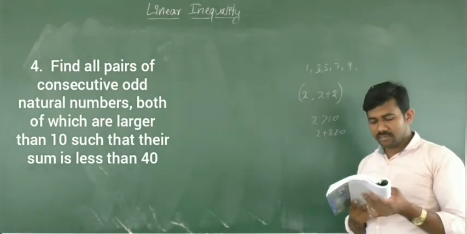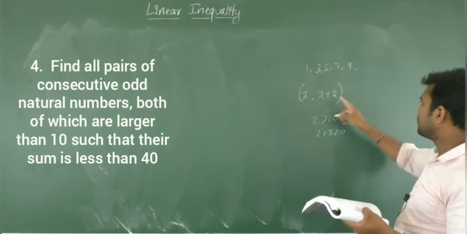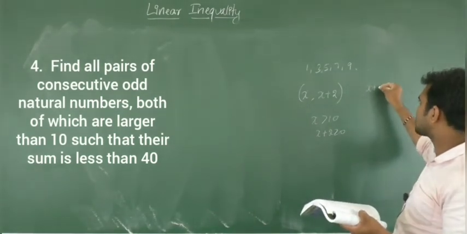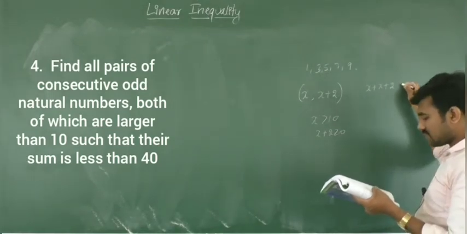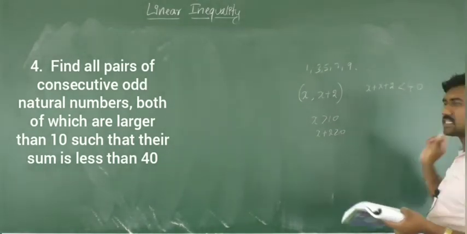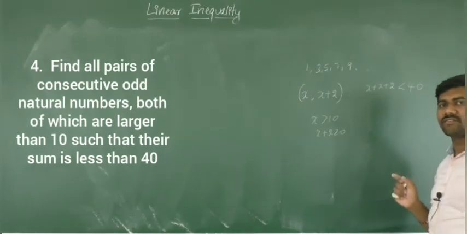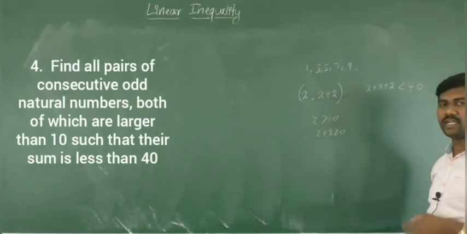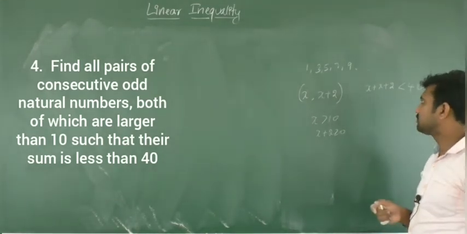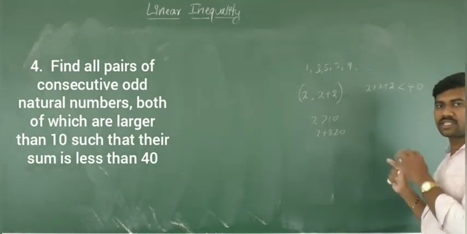And their sum is less than 40. Means if you add x and x plus 2, their sum is less than 40. So we need to find such ordered pairs, and how many ordered pairs we will get. Okay, understood what concept they have given.